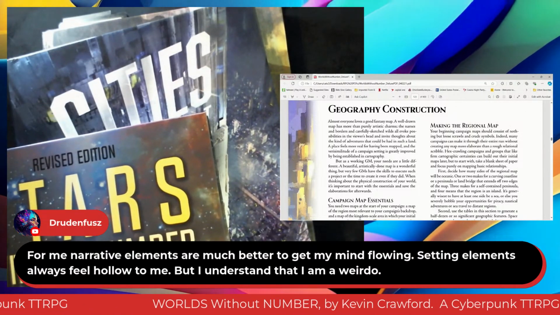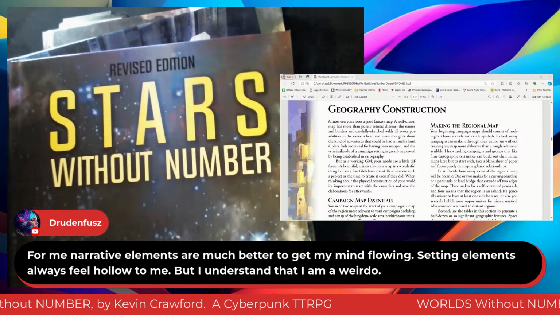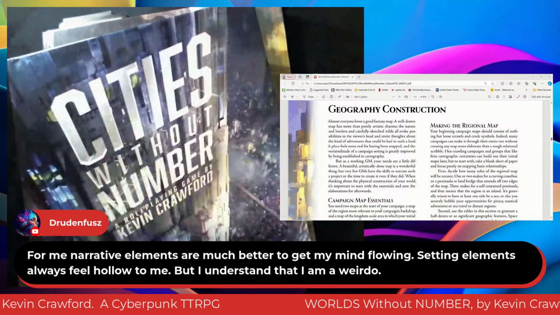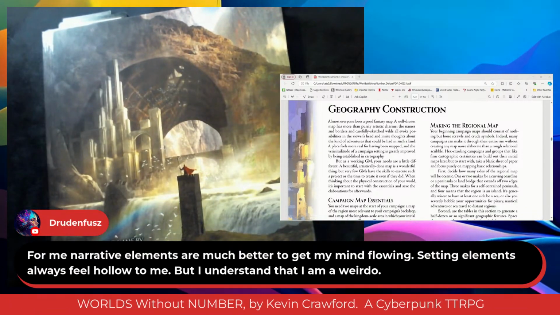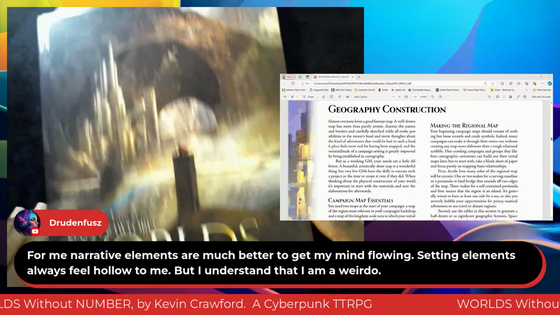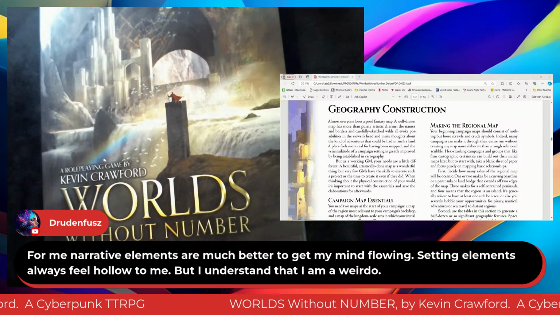This one has a lot more. Fantasy seems to be the big thing, and Stars Without Number, Cities Without Number, and then of course we got our one with Worlds Without Number. Strange that the title's at the bottom of the book, but you got to show off the great artwork, right?